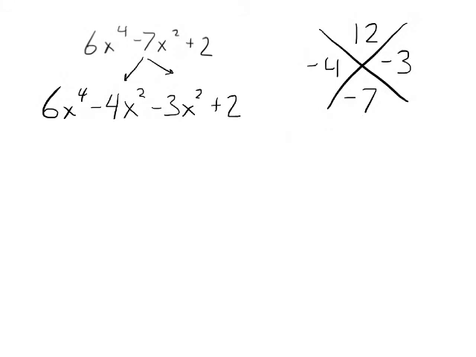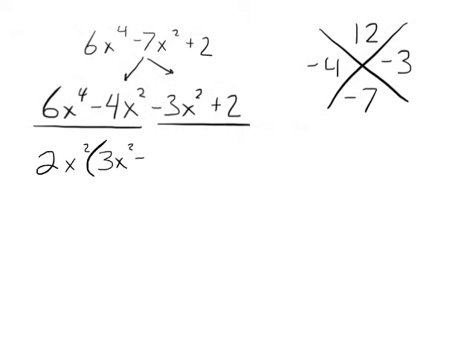And to be honest, from this point on, the problem is exactly the same. All you have to do is group together the first two terms, group together the second two terms, and factor out the common factors. In fact, if you're feeling bold, do that. So the first two terms both had a 2x squared in common. If I factor that out, I'm left with 3x squared minus 2.